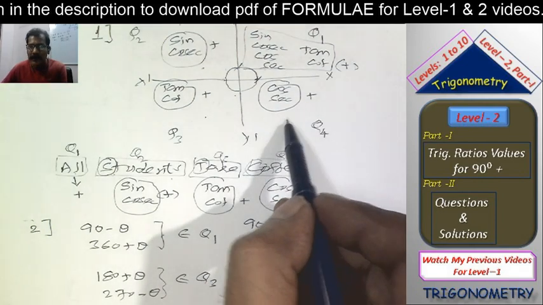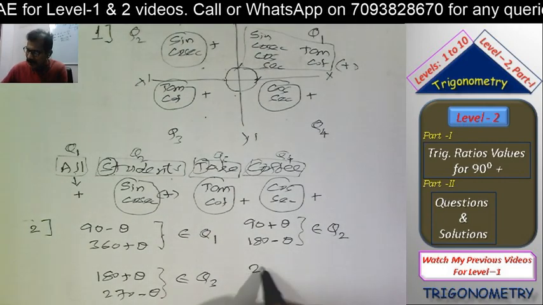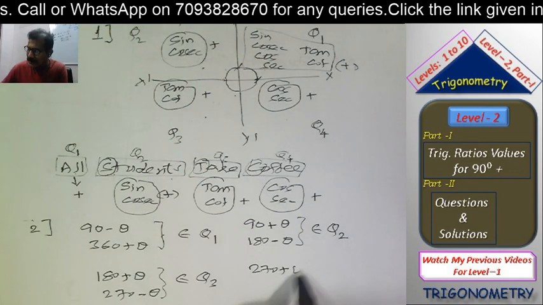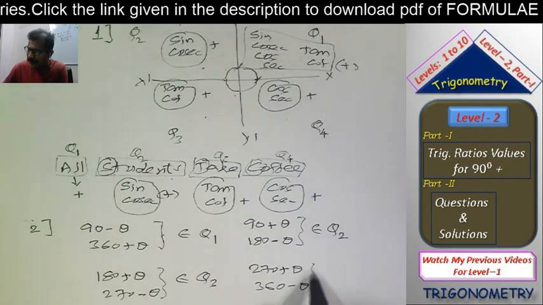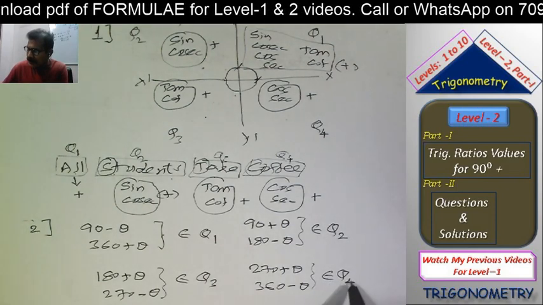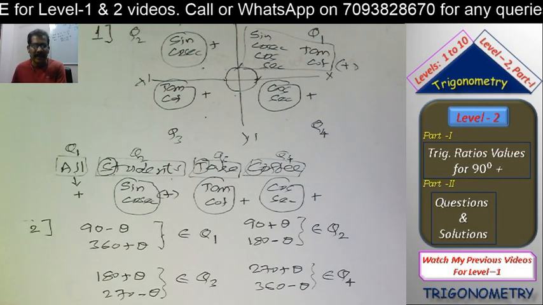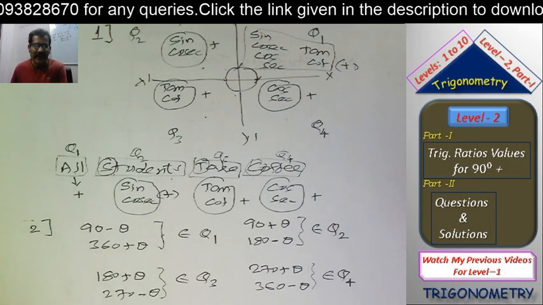And coming to fourth quadrant, it is above 270, below 360. That we write 270 plus theta or 360 minus theta. These angles belong to quadrant 4. This helps to identify which angle is in which quadrant.